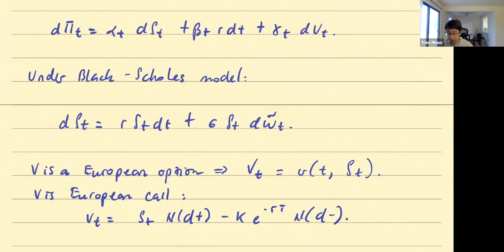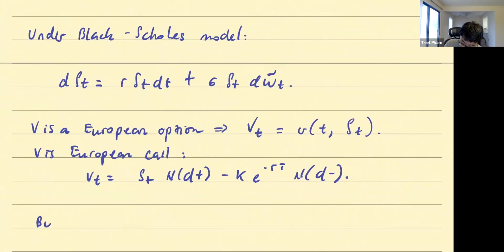So what that gives us is that the dV t here can also be expressed in terms of its delta, gamma, and theta by Ito's formula.